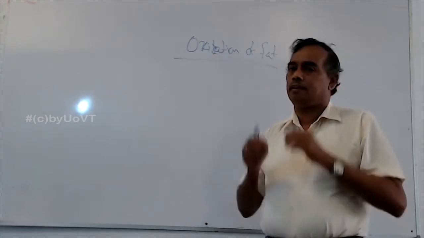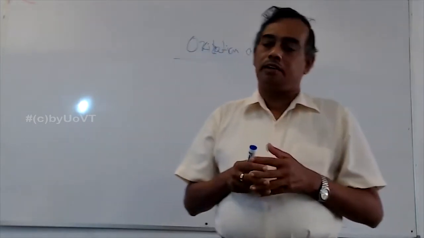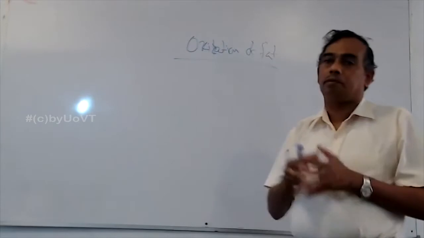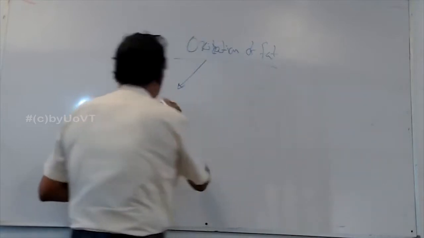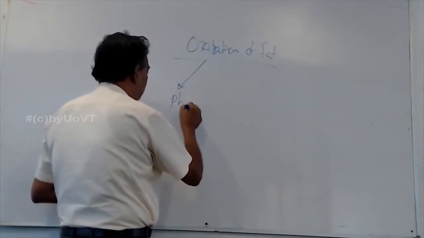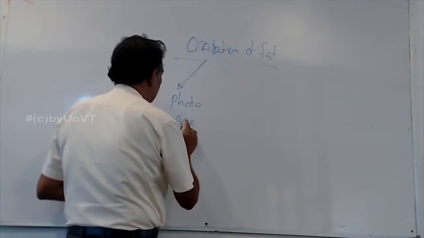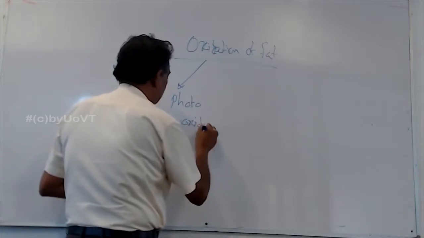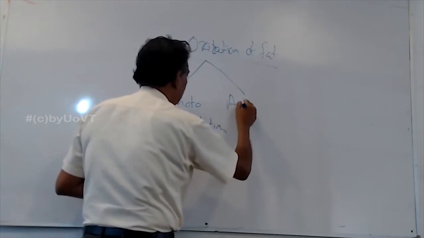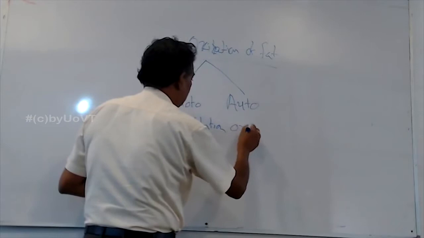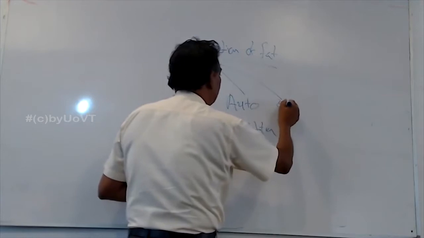If we think about the oxidation process of fat, we can divide it into three types of oxidation. One is autoxidation, second one is photooxidation, and third one is enzymatic oxidation.